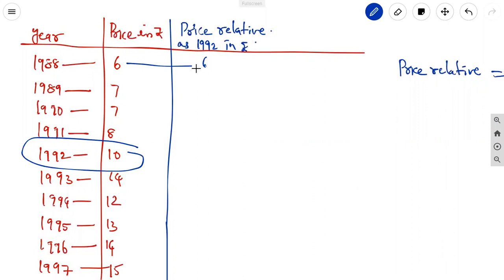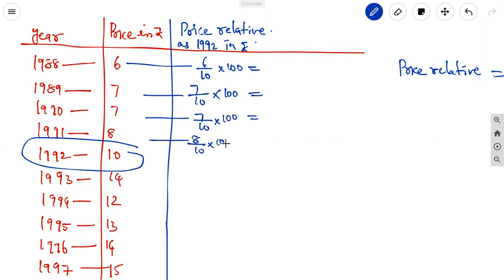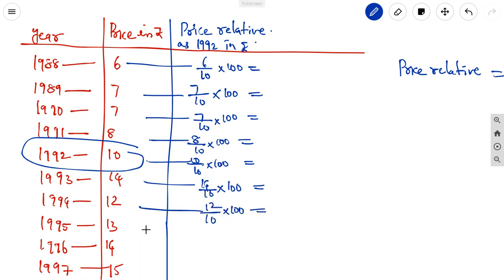We can take 6 by 10 into 100, 7 by 10 into 100, 7 by 10 into 100, 8 by 10 into 100, 10 by 10 into 100, 14 by 10 into 100, 12 by 10 into 100, 13 by 10 into 100, 14 by 10 into 100, 15 by 10 into 100.